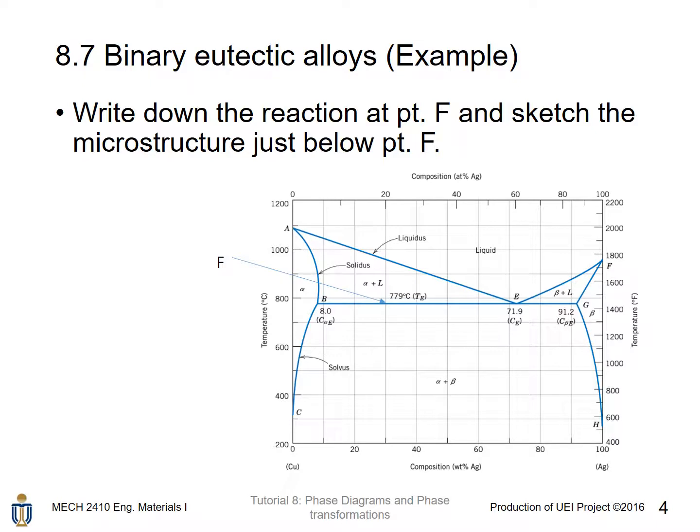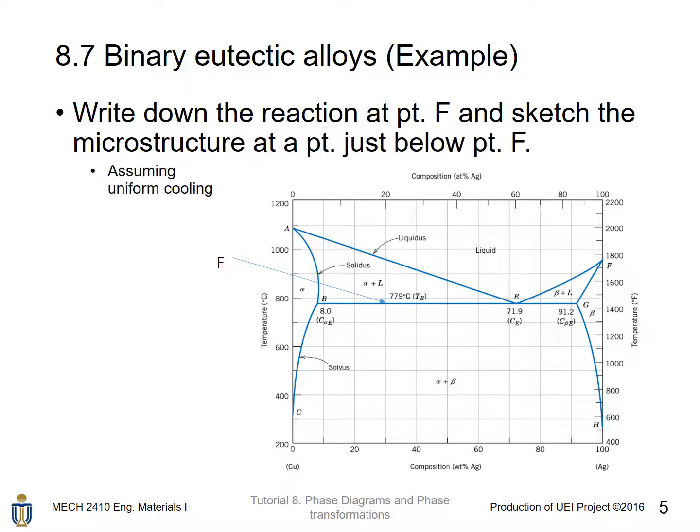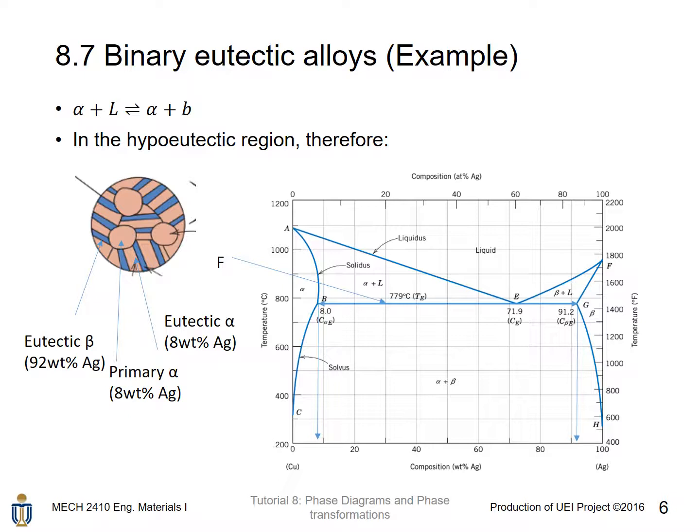For example, write down the reaction at point F and sketch the microstructure just below point F. The first thing we need to assume is the cooling is uniform. The reaction equation is written here.